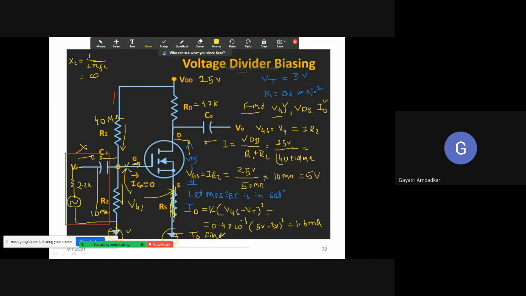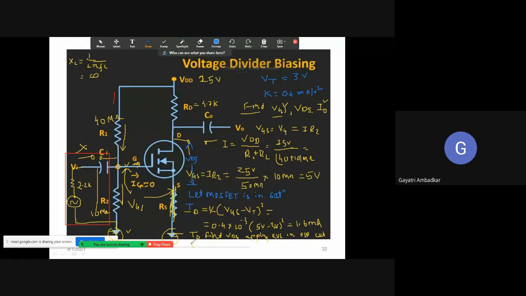To find VDS, apply KVL in output circuit. What it will give? Start from this to ground.